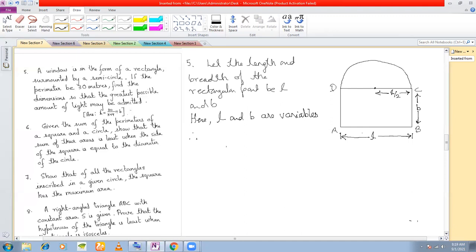Therefore, what is the perimeter of the semicircular part? Let's say perimeter of the rectangle first. Perimeter of the rectangle is twice L plus B, right? Next, perimeter of the semicircular part.